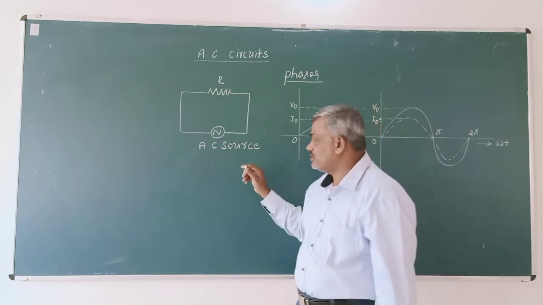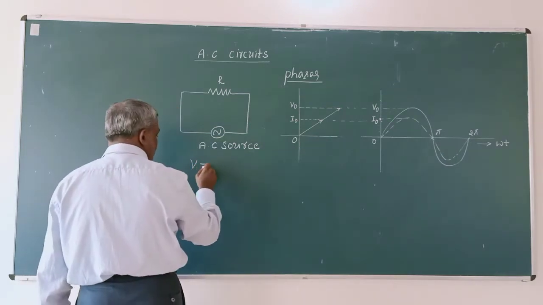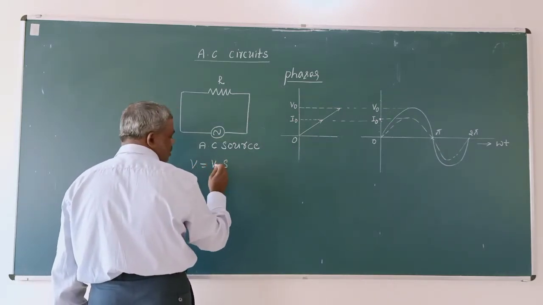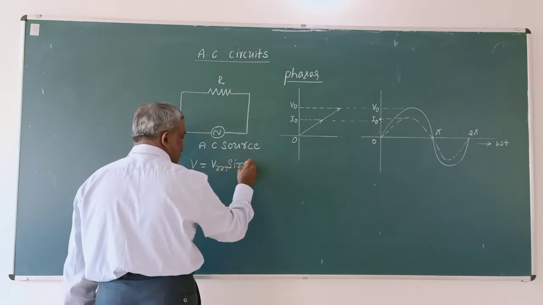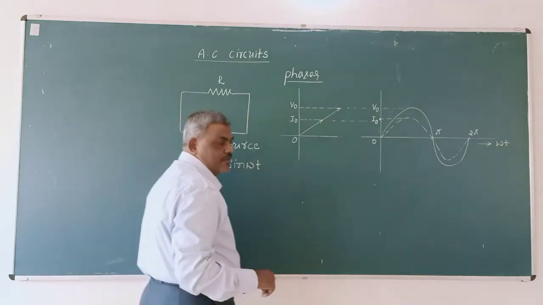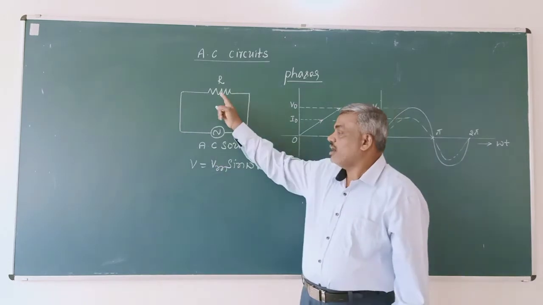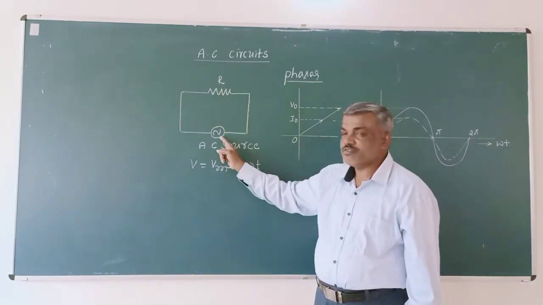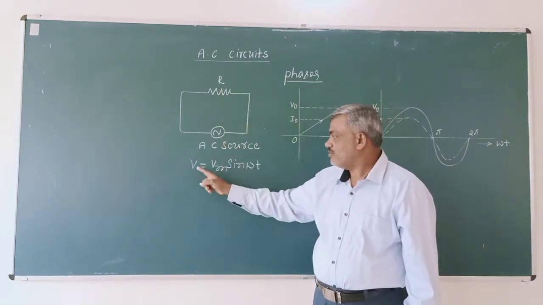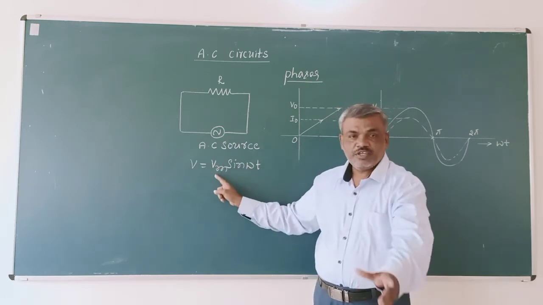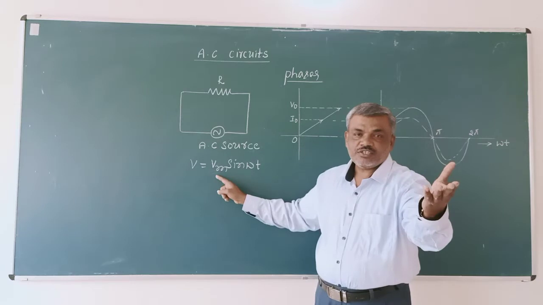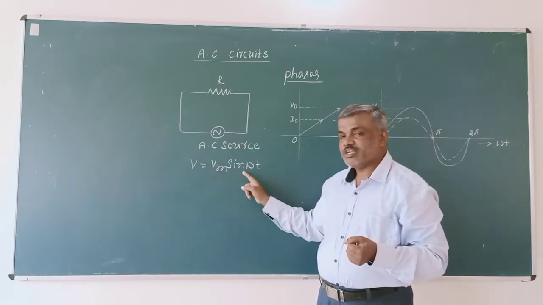This is the AC source, V equal to Vm sin omega t. You already know the equation from the last class: V equal to Vm sin omega t.